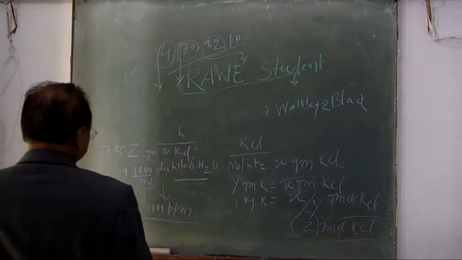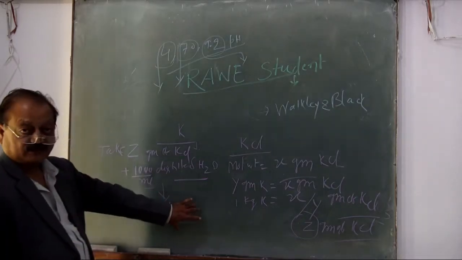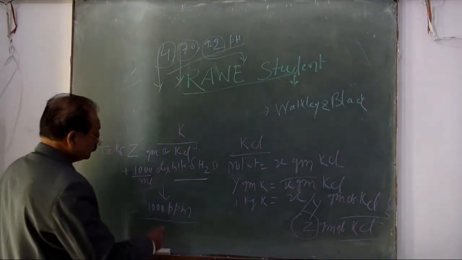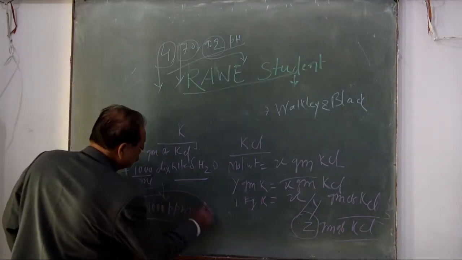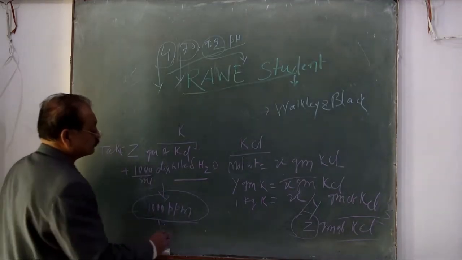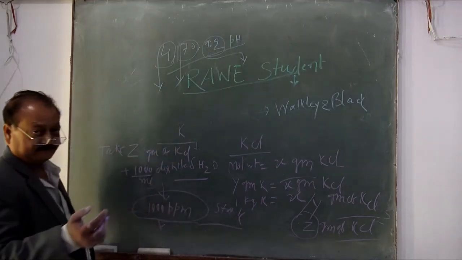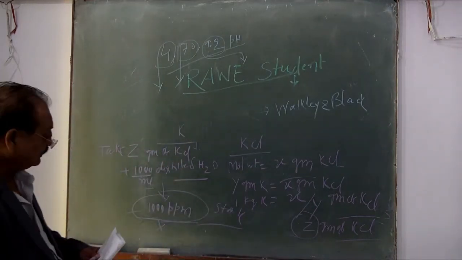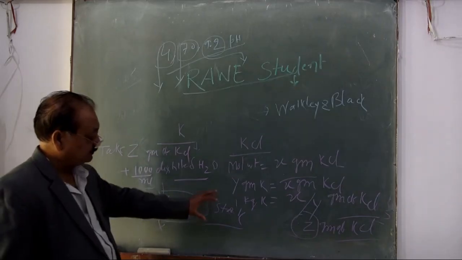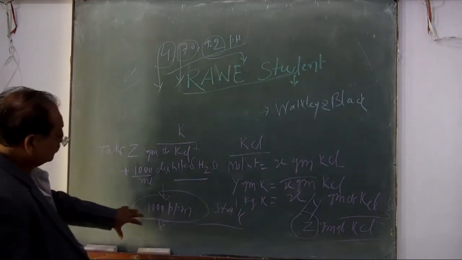This 1000 ppm standard solution you may call a stock solution. A stock solution means you can keep it for a longer period, and whenever you require, you dilute it and prepare your solutions for calibration of the instruments. So this is 1000 ppm.